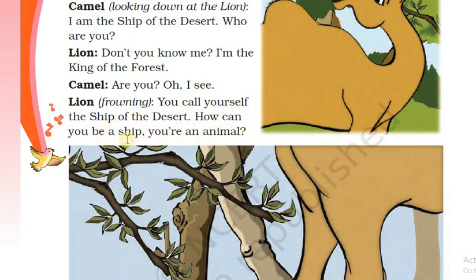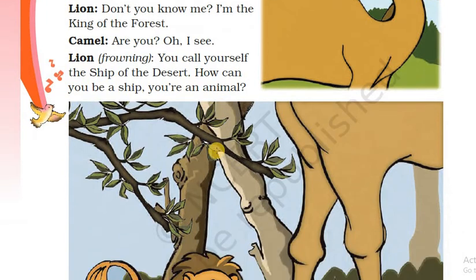How can you be a ship? You are an animal. Ship, that means जहाज, which we use in water transport, right? That is called ship. So lion is asking the camel that you are calling yourself a ship, but you are an animal. How can you tell yourself as a ship? How can you introduce yourself as a ship of the desert?